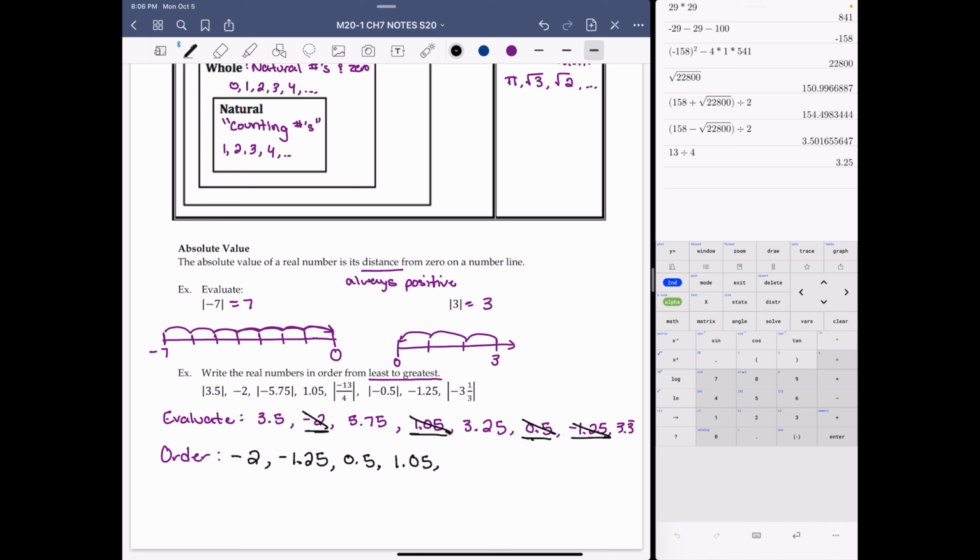Then there are 3 numbers that start with 3: 3.5, 3.25, and 3.3 repeating. So 3.25 would be the next smallest. Then 3.3 repeating. And then 3.5. And then the last one would be 5.75.